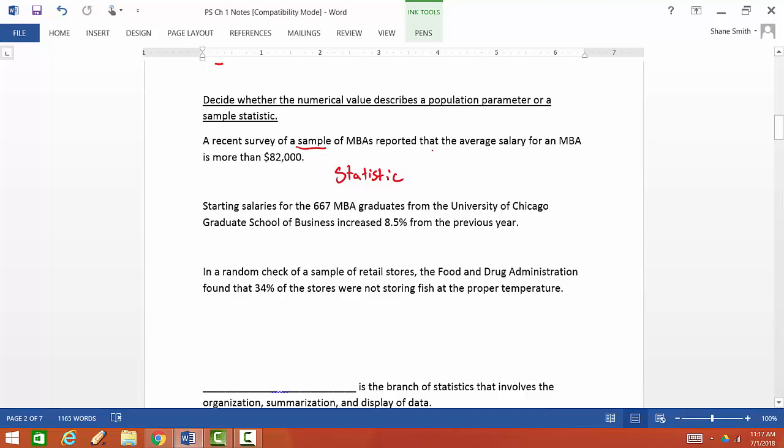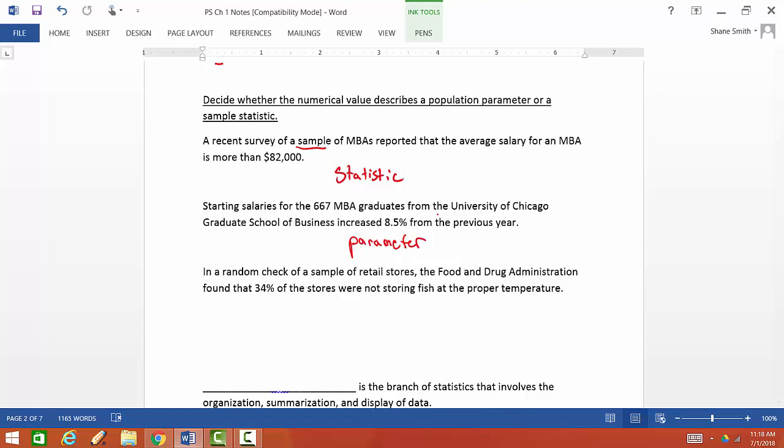What about the starting salaries for the 667 MBA graduates from the University of Chicago Graduate School of Business increased 8.5% from the previous year? So this one is actually a parameter because it's talking about all the graduates from the University of Chicago. How do I know it's all the graduates?